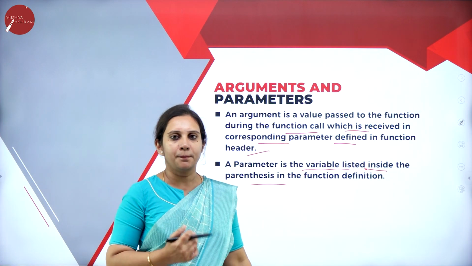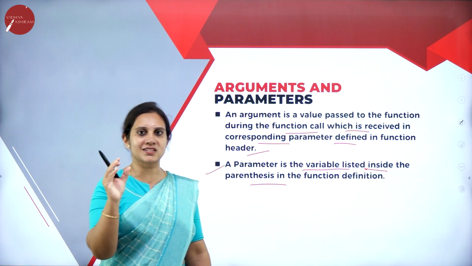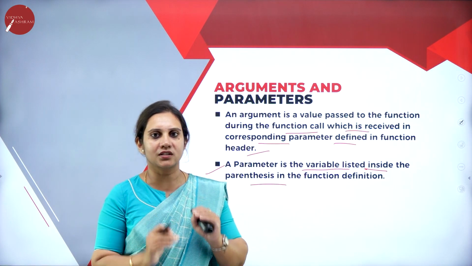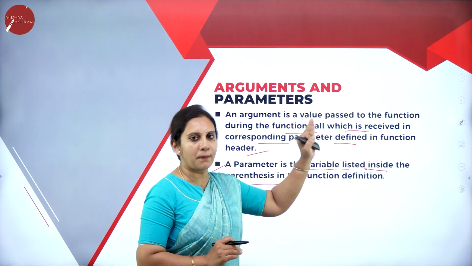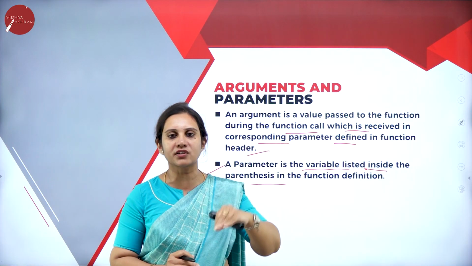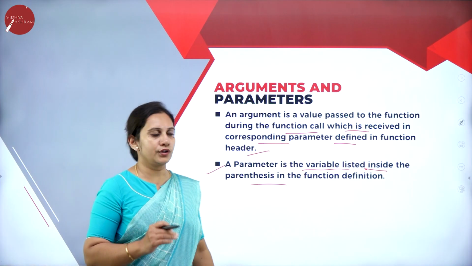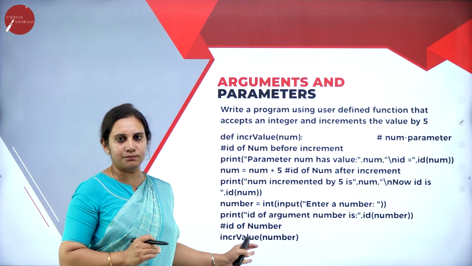I repeat, the parameter is a variable listed inside the parentheses in the function definition, and an argument is a value which we pass to the function during the function call, or when the function is invoked.